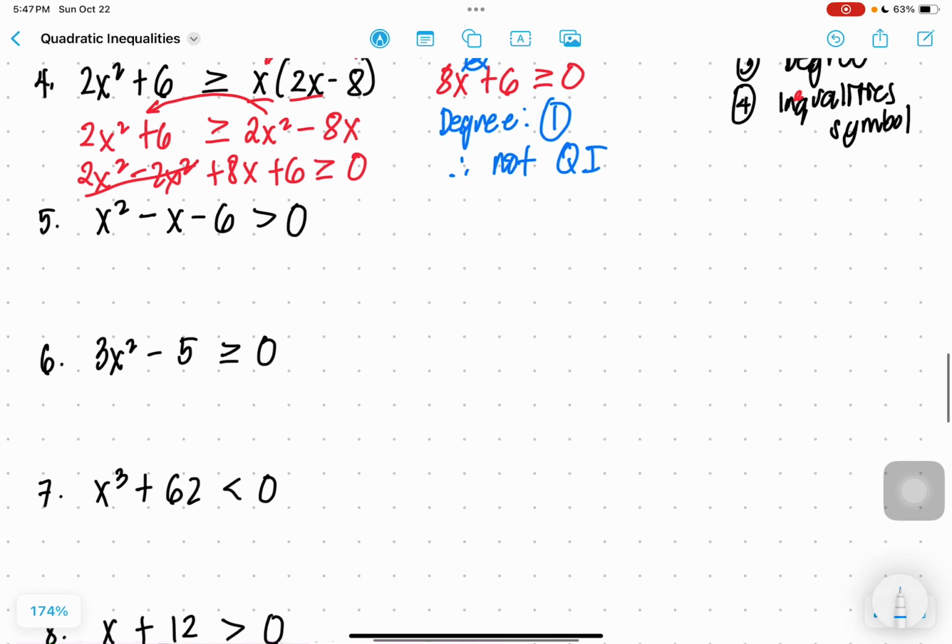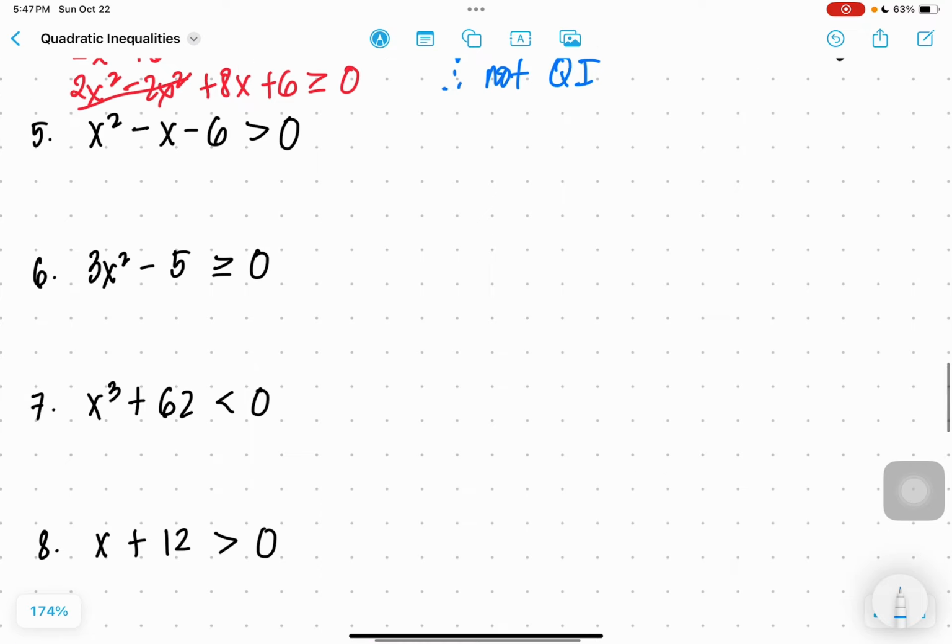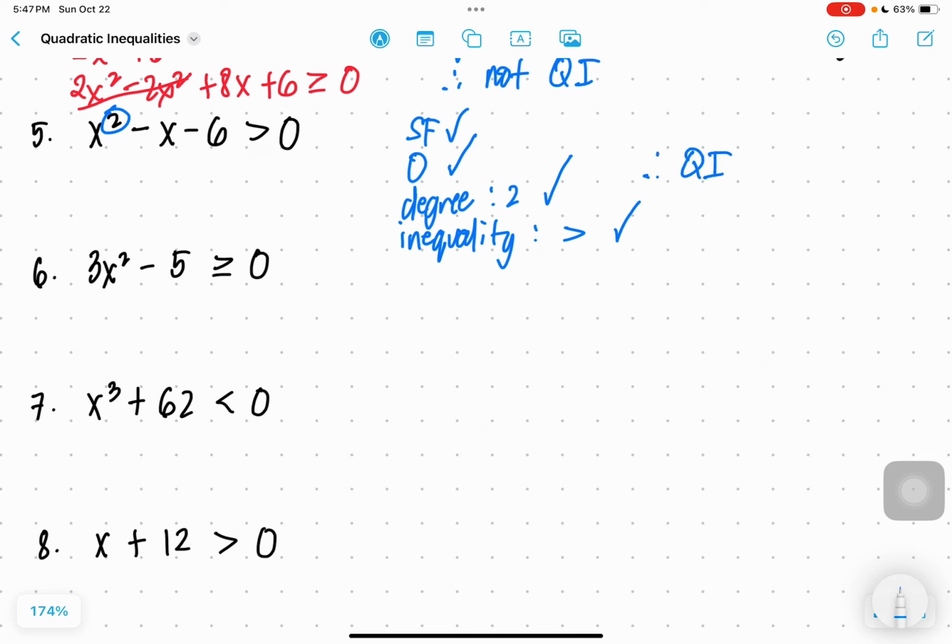Okay? Number 5. So, another check to. Standard form, meron tayong naka-equate kay 0, check. Degree niya ay 2, di ba? Another check kasi 2 lang to. Then, may inequality symbol tayo na greater than. So, therefore, this is a quadratic inequality.